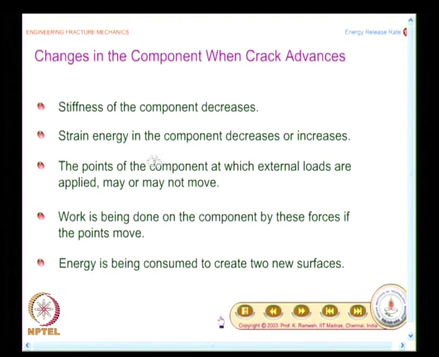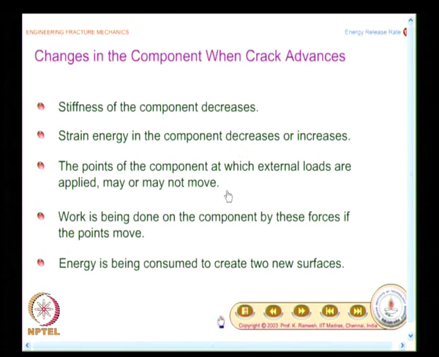This statement needs to be qualified. Unless you take up an example, look at it, what happens when the crack advances. We would take up situations in a manner that in one case strain energy increases, in another case strain energy decreases. So, it is possible, although you may not understand right now, we can take up an example and see.